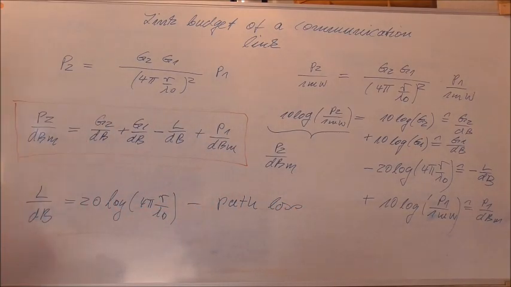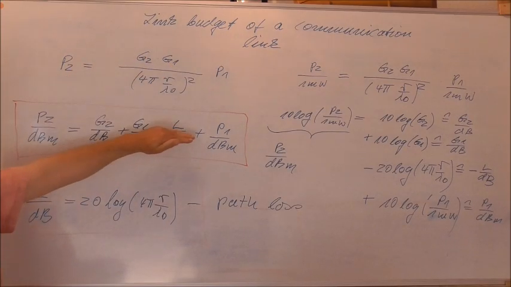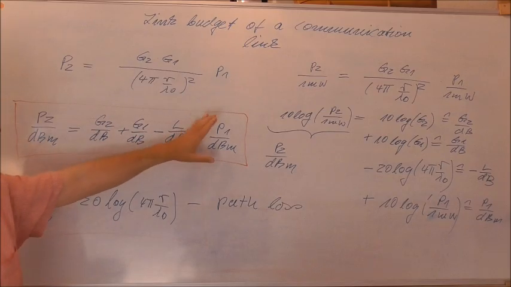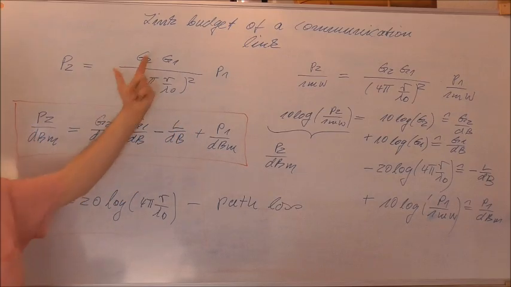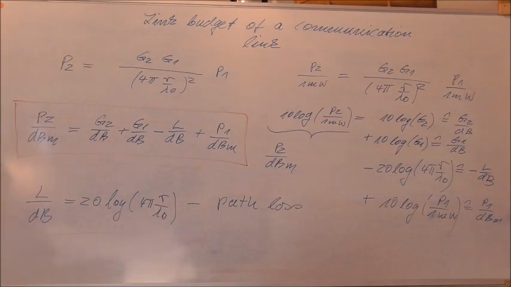This means as soon as you convert this equation into a dB scale, you get a very simple equation, and this equation is called the link budget of a communication link.